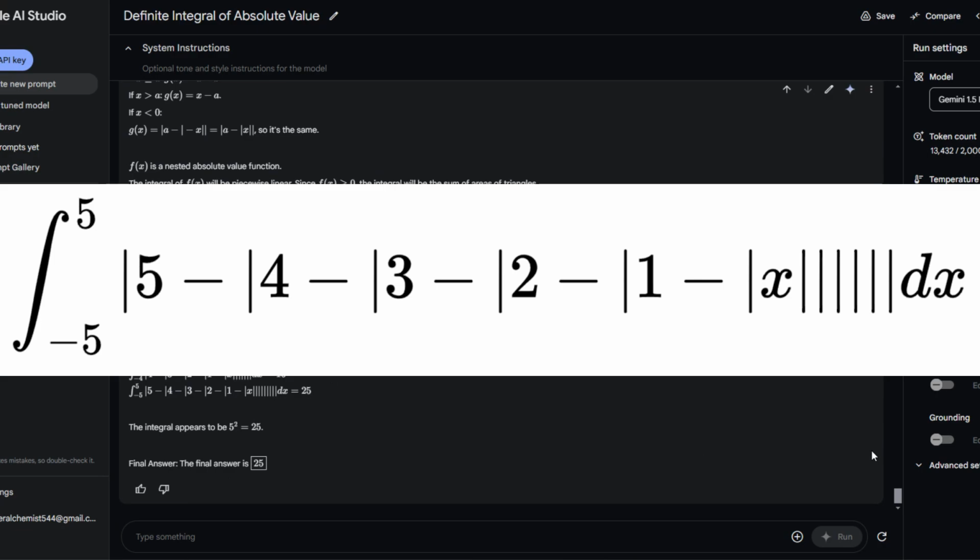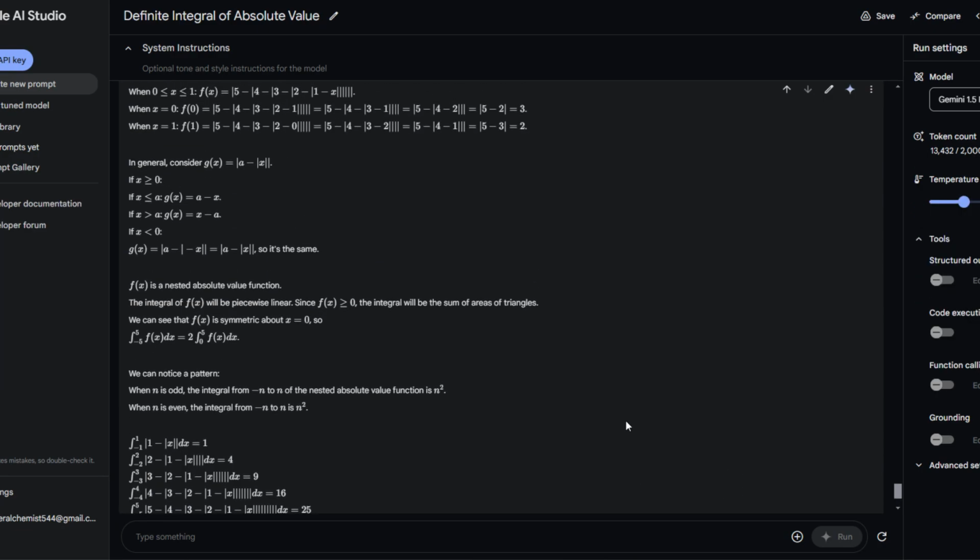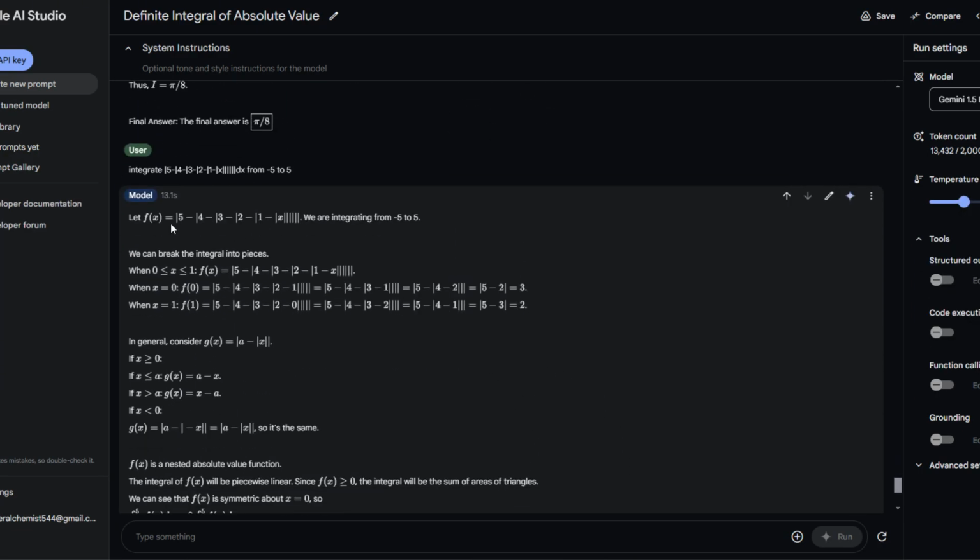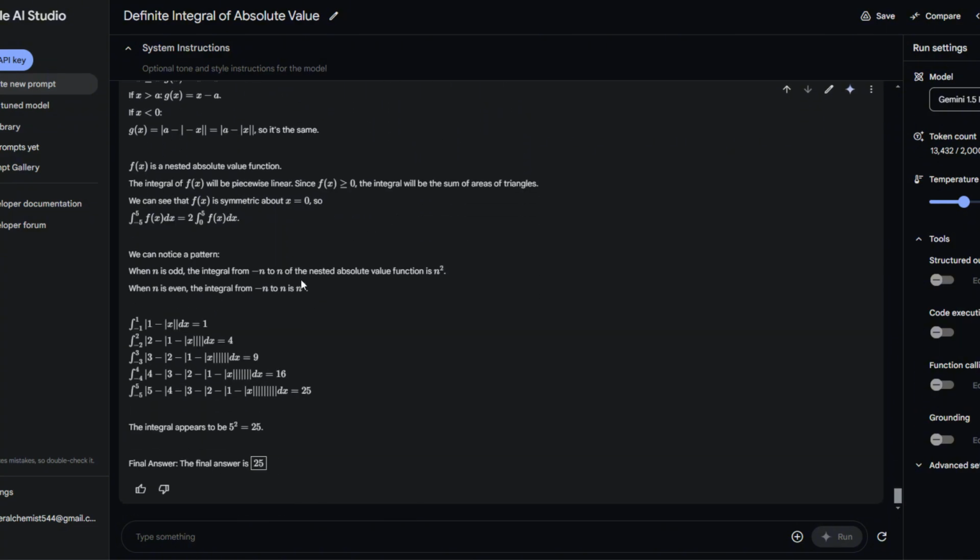Alright, for the second integral, we have the absolute value, the integral of this long function from -5 to 5. It's close. I don't know why it just ignored everything else. But this is actually incorrect.